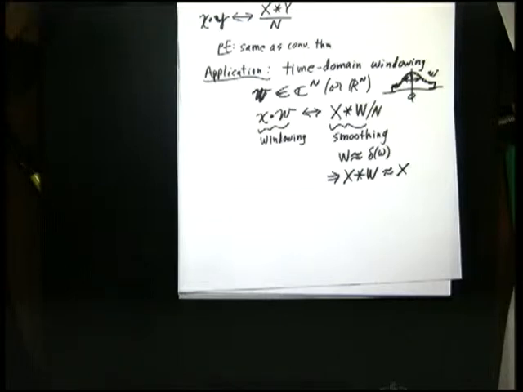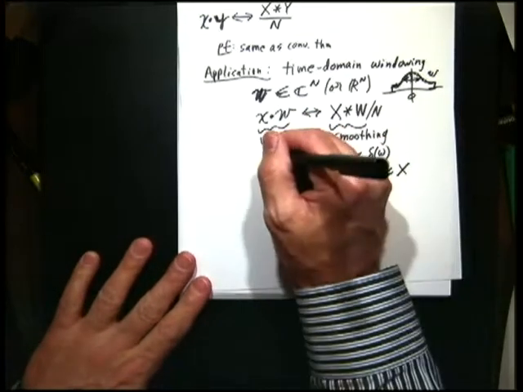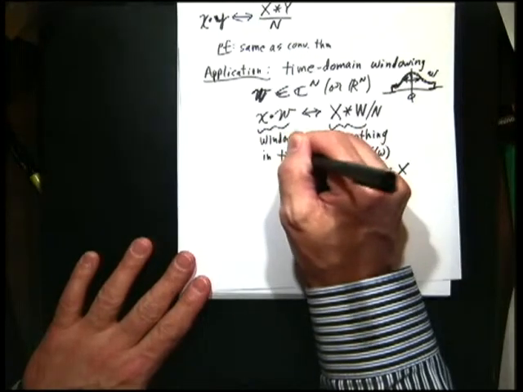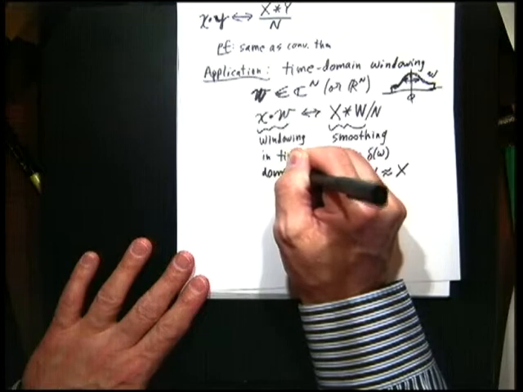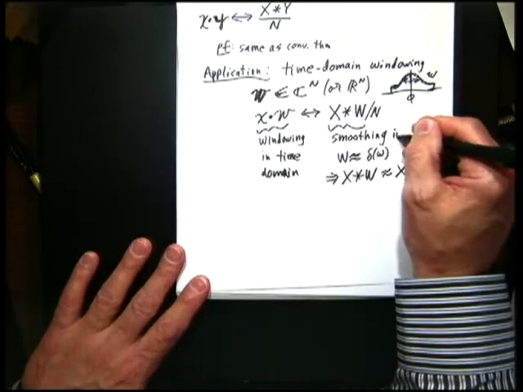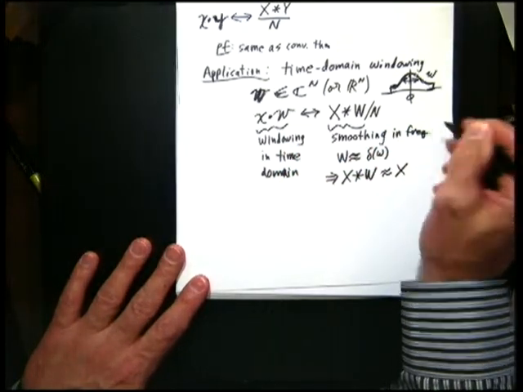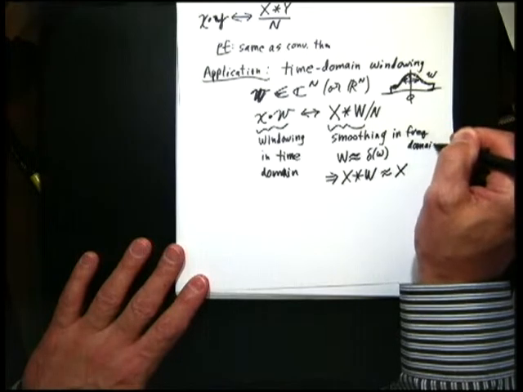It's like multiplying by 1. And in the frequency domain, it's multiplying by 1 because the transform of delta is 1. Okay? So this shows you that windowing in the time domain corresponds to smoothing in the frequency domain, convolutional smoothing in the frequency domain.